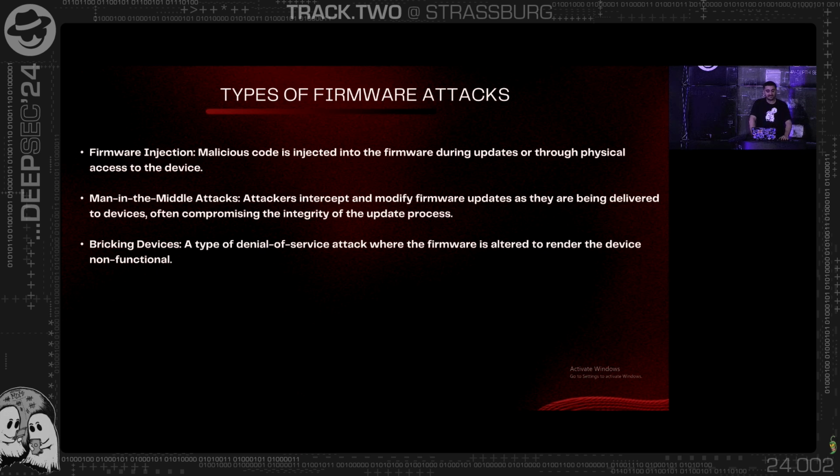Also, we have the man-in-the-middle attack, where the attacker intercepts network traffic to steal data or eavesdrop. Then we have bricking a device, a type of denial of service attack. Also, we have DoS, DDoS, and TDoS attacks, but TDoS is mostly for telecommunications.